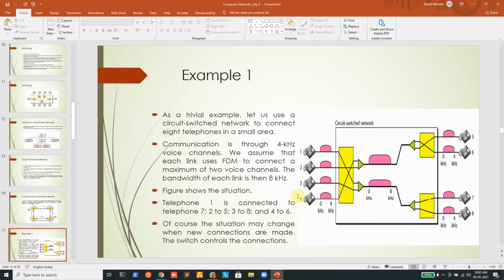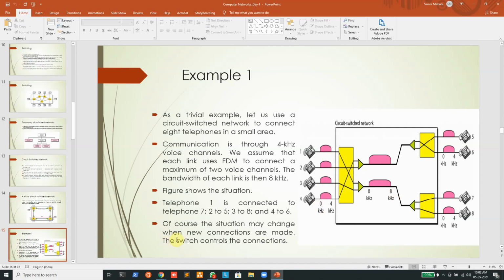So what happens is that if telephone 1 wants to communicate with telephone 7, first and foremost this communication channel is blocked, and no other telephone will be able to use this communication channel. After it is blocked, the data will be transferred, and then this communication channel can be released.